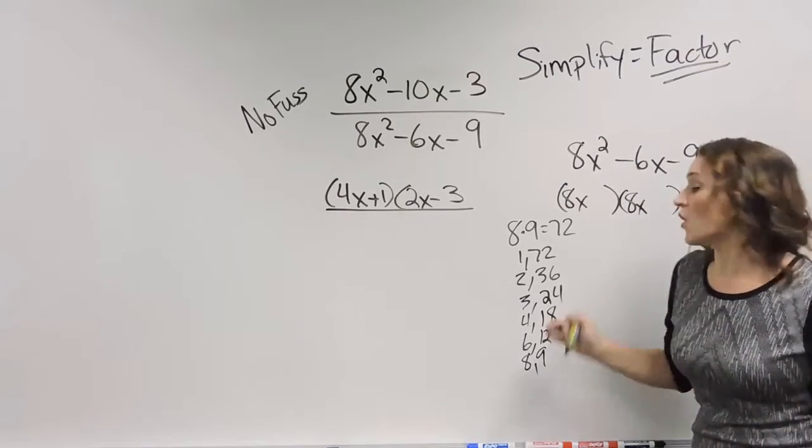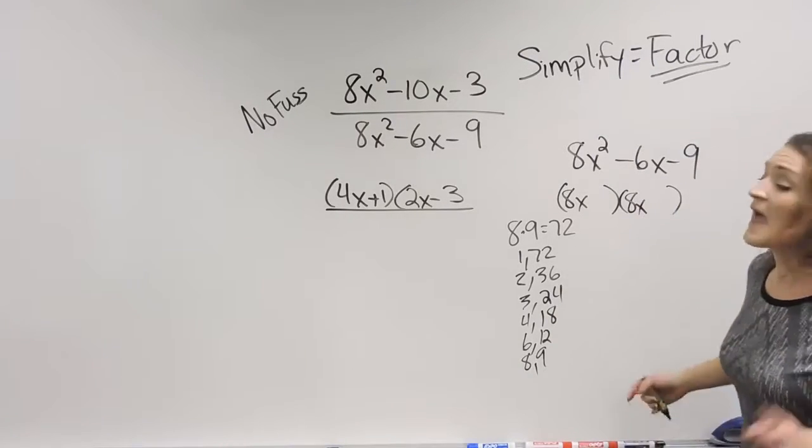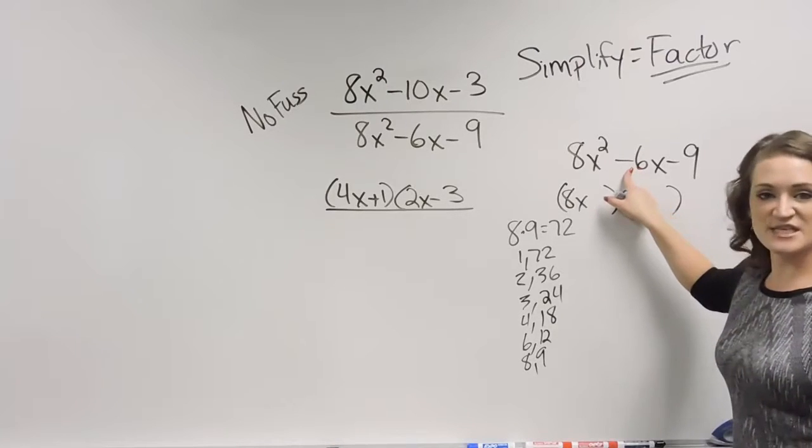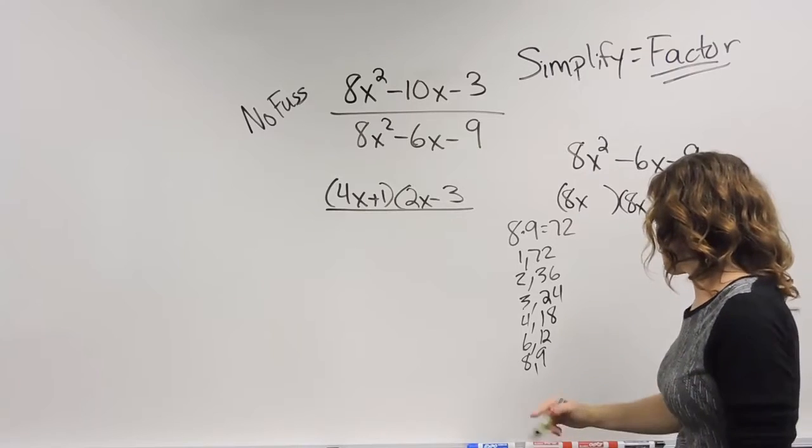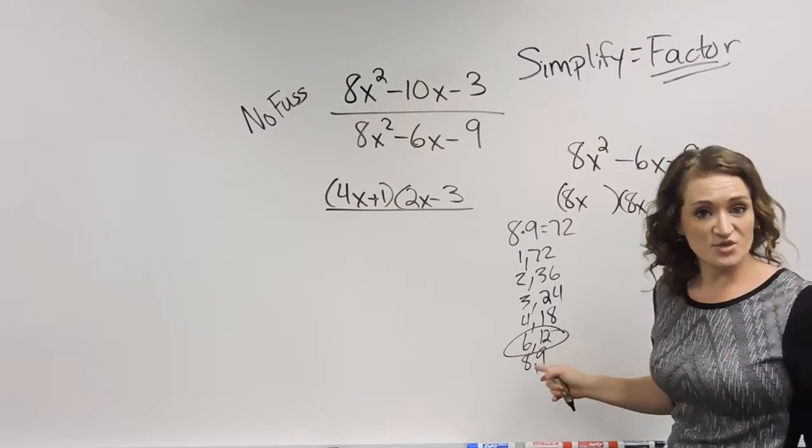So we're looking for which combination of these adds or subtracts to get a 6, our middle term. Let's see, which one gives me a 6 here? That would be the 6 and the 12.